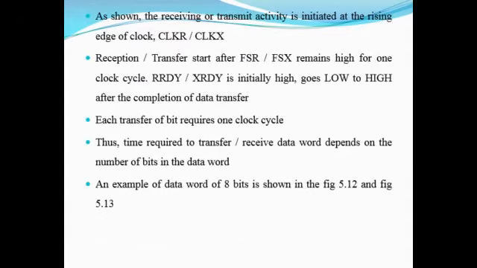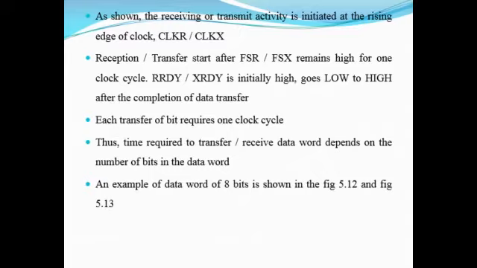Then, if I go with the previous diagram, let us see what is explained here. As shown, the receiving or transmitting activity is initiated at the rising edge of the clock. Whenever a clock is considered, there is a rising edge of a clock and a falling edge of a clock. At the positive or rising edge of the clock, either a transmission or reception of data is initiated.